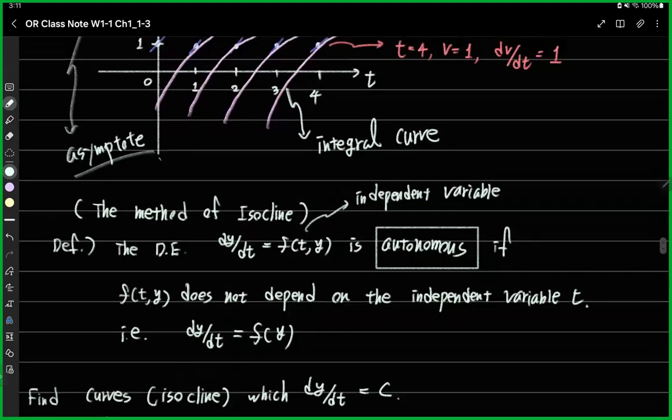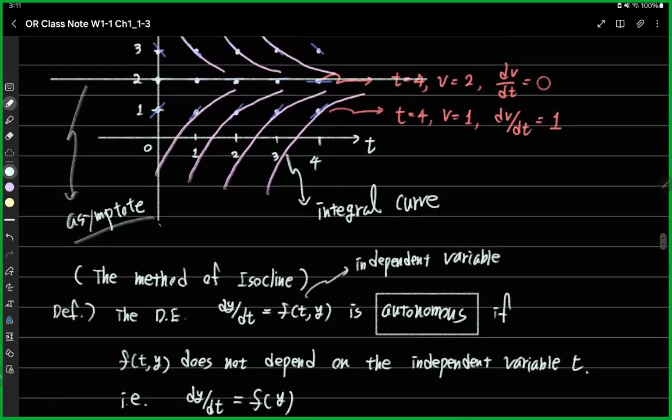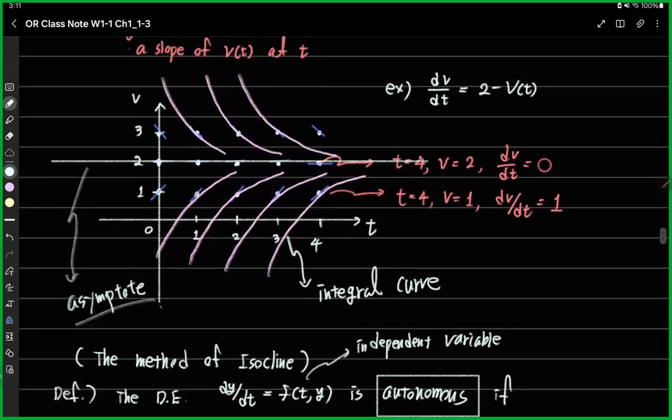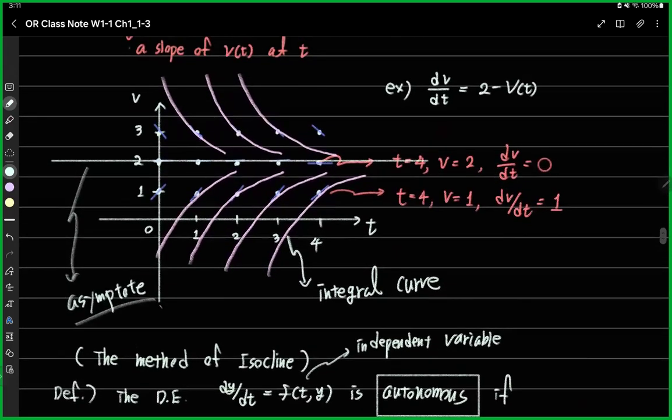What that means, you see, for example, right here: one example of autonomous was dv/dt equals 2 minus v, right? Look at the right-hand side. This is f of v, right? So this is one example of autonomous.